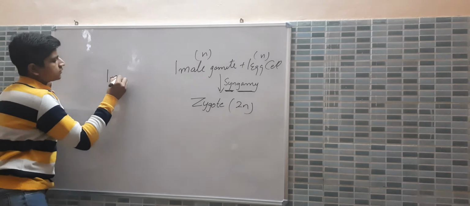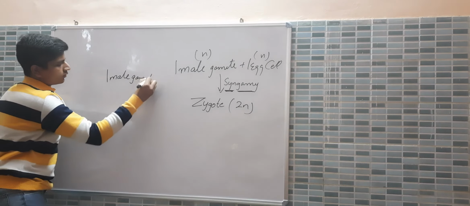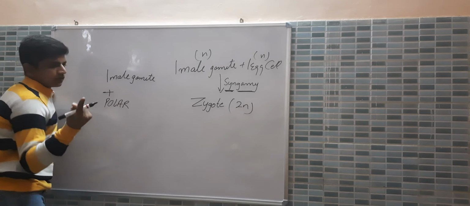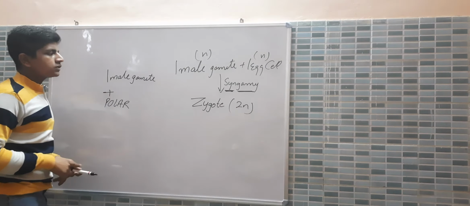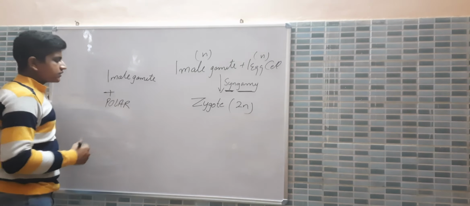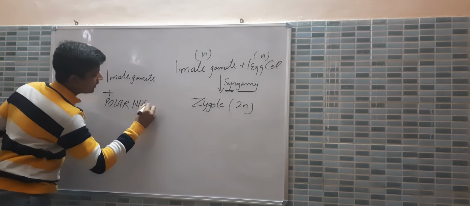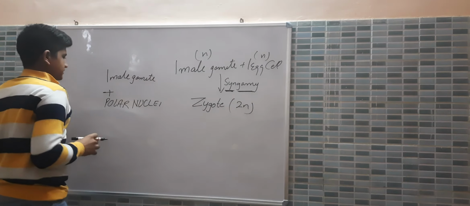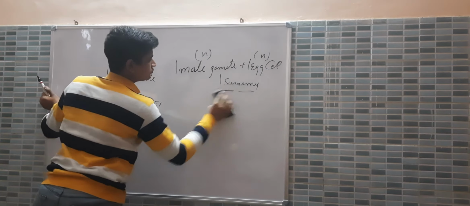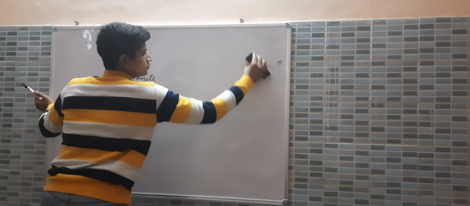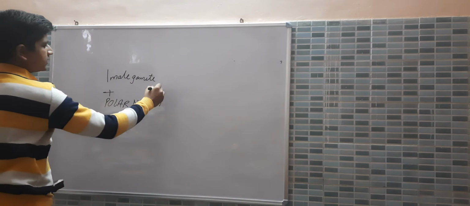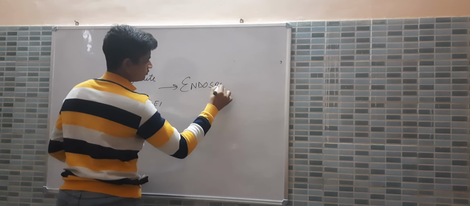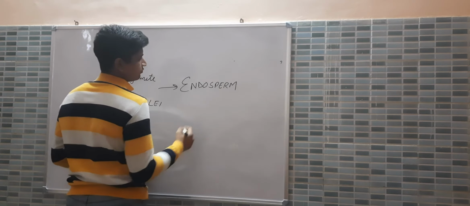When one male gamete combines with polar nuclei, the plural form of polar nucleus, though it is singular in its nature, they form endosperm, which is triploid.